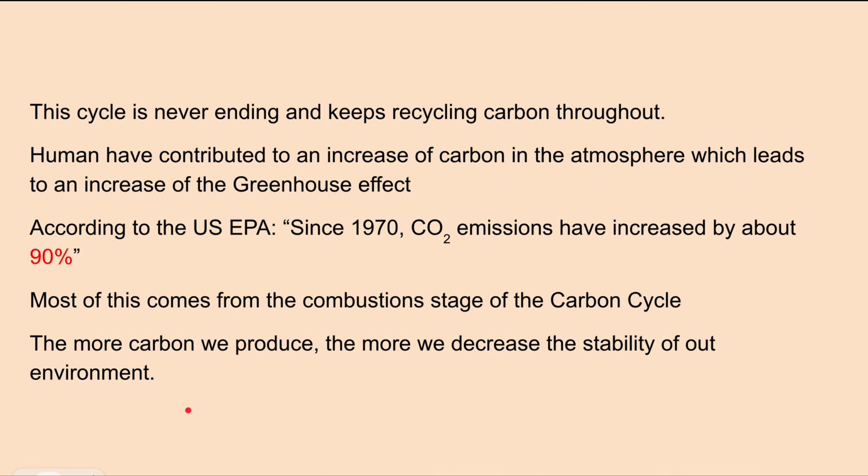But the more carbon we produce, the more we decrease the stability of our environment, and the more we use up natural resources, like limestone and coal that came from sedimentation and decomposition. But humans have been doing a lot to make our system more eco-friendly and make things electric, etc. So we are making steps to making our environment a safe place for us.